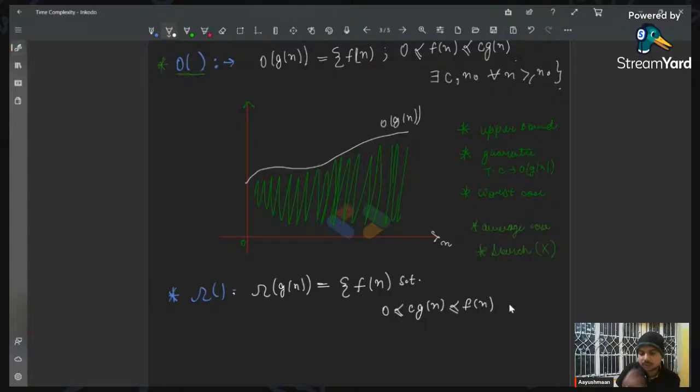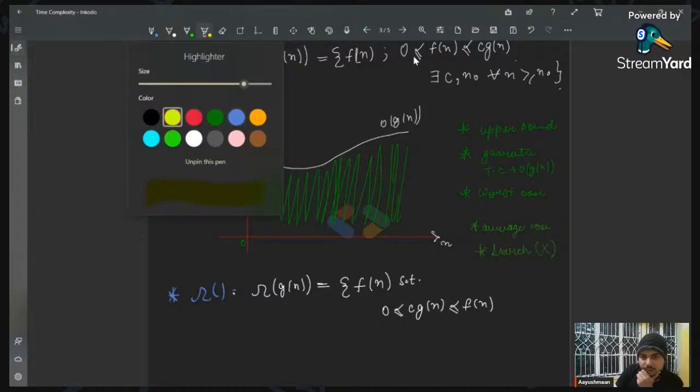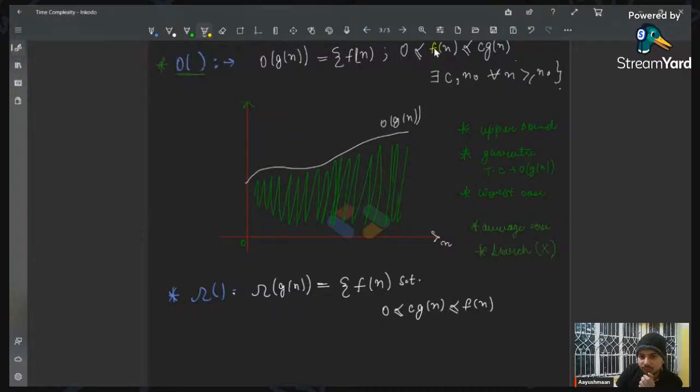Look, there is a huge difference here. In big O, f(n) is less than c times g(n), and here f(n) is greater than or equal to c times g(n). This is the portion that we have to look at, because greater than 0 is very obvious, but this is the thing we will be looking at. Such that there exist c and n naught that are constants, and for all n greater than or equal to n naught.